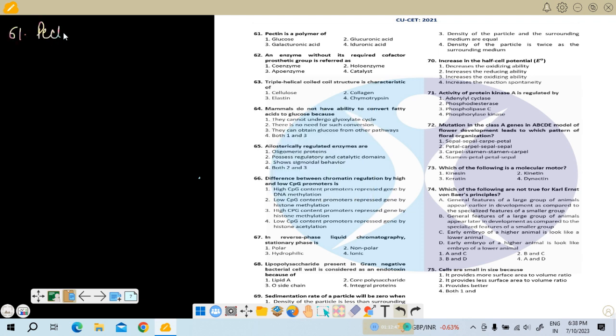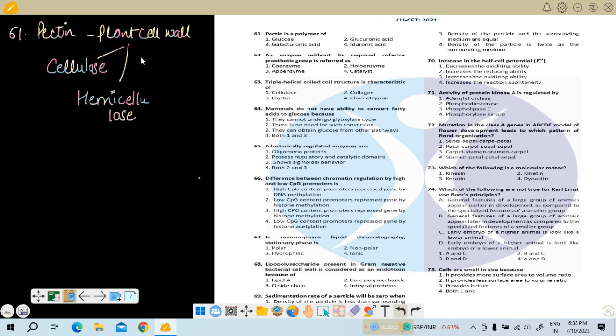So pectin, that is related with plant cell wall. So plant cell wall includes cellulose. Whenever you see the word cellulose, that means they are talking about plant cell wall, plant biotechnology. Then it includes hemicellulose, then lignin. So pectin is a polymer of galacturonic acid.